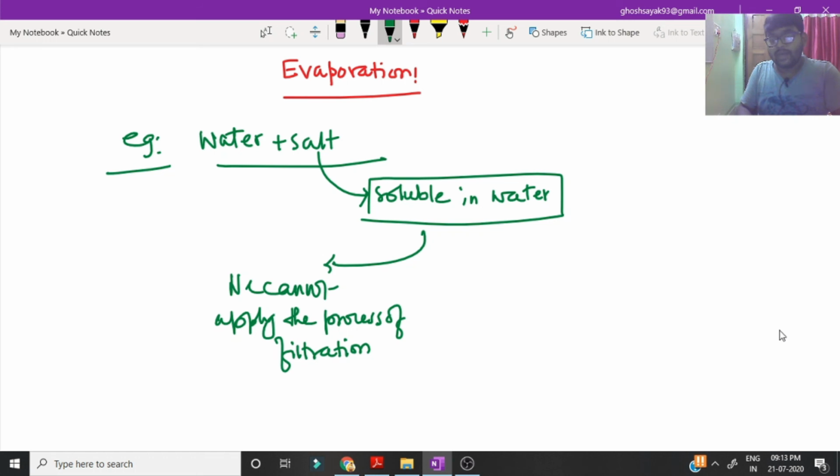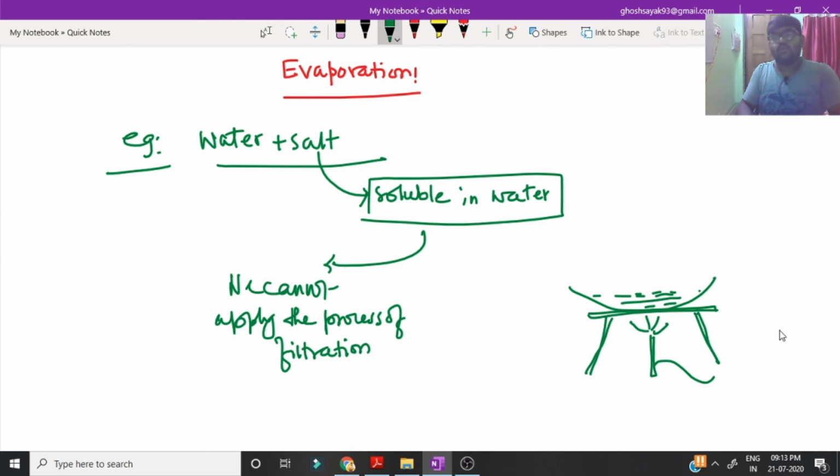Suppose you have got a china dish in which you have a mixture of water and salt. So what we will do? We will heat this particular mixture by applying some burner. So what will happen eventually?